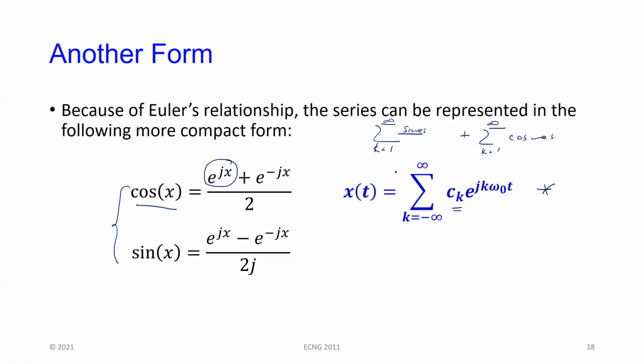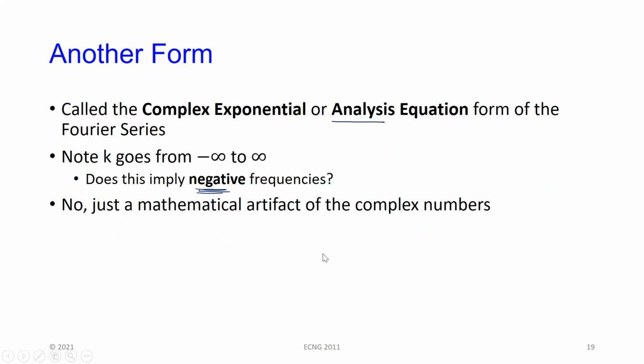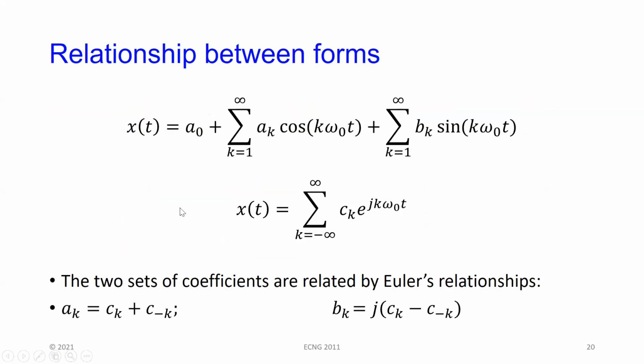When we move from the real form of the Fourier series, where k goes from 1 to infinity, in this case, because k is negative, the complex conjugates will cancel out and you will get back the real numbers at the end. But we need this because we're dealing with complex numbers. Okay? So it's just a mathematical artifact of the complex numbers.